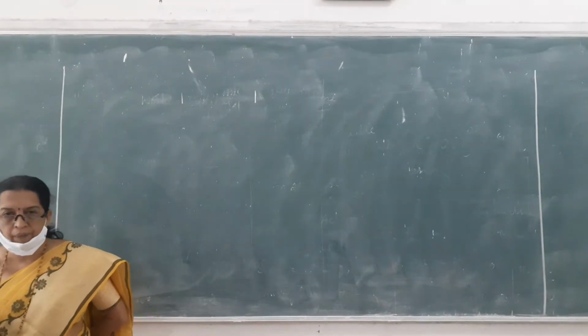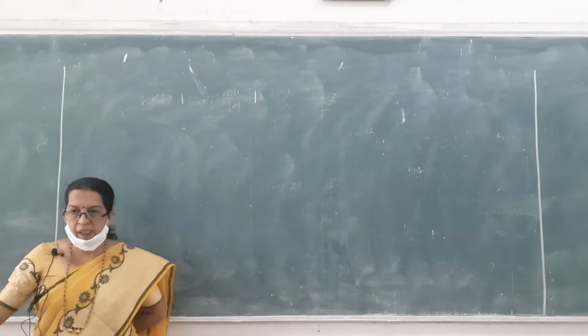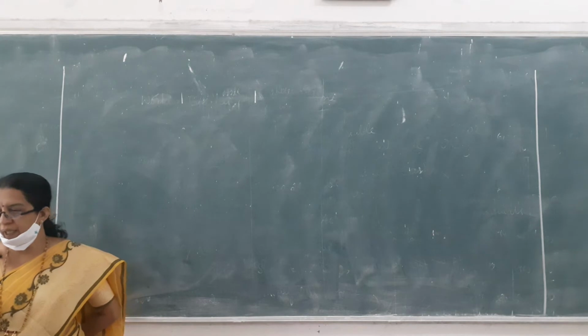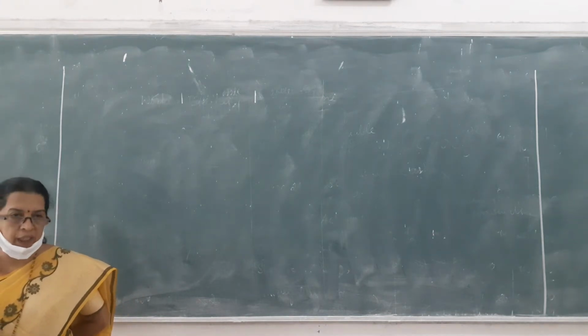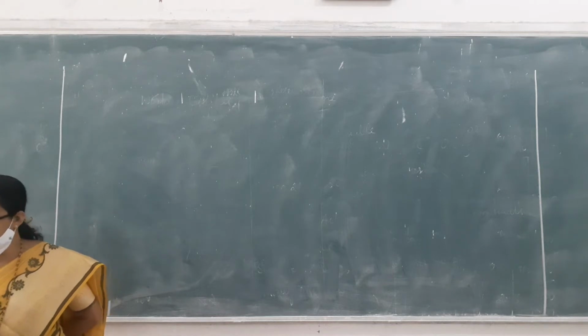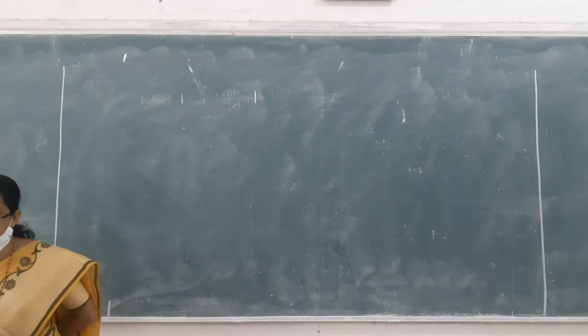To find 10% of salary, first we have to see the amount of salary. Then next one, 50% of salary or 40% of salary. His house is at Delhi, so we have to take 50% of salary. So here also we need the amount of salary.